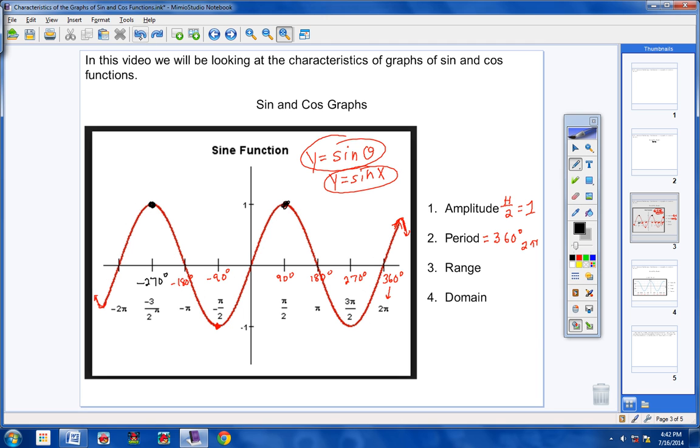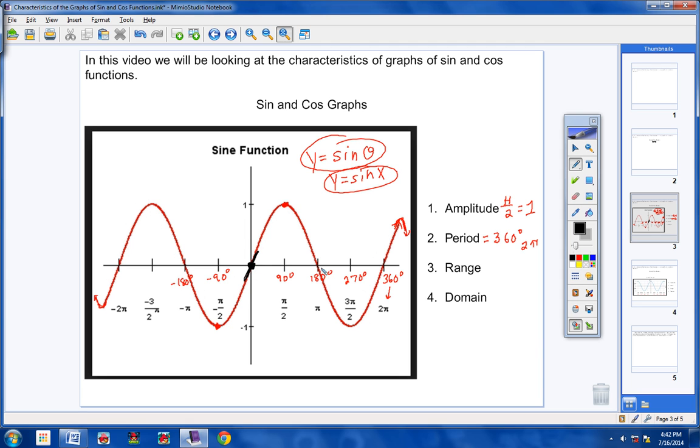And by the way, you could compare that with any part of the graph you want to. For example, look at this. Here is a point on the graph that's going through the x-axis on the way up.